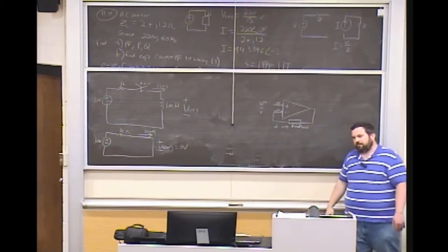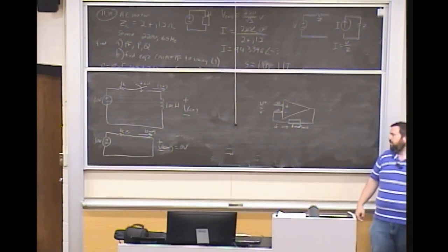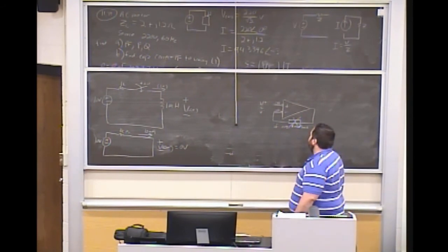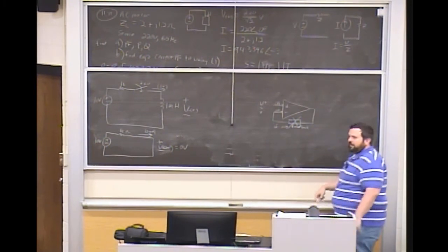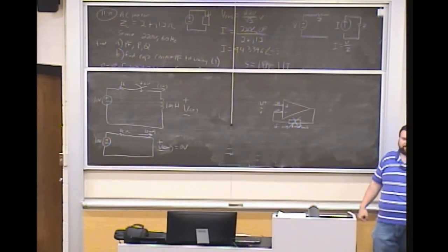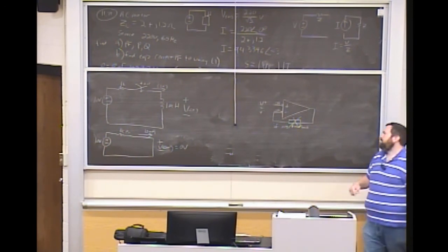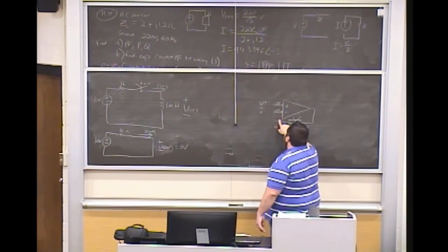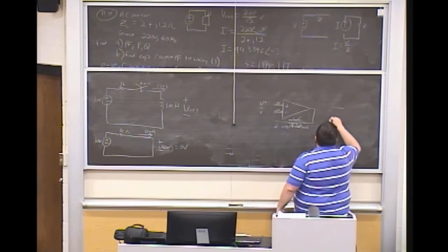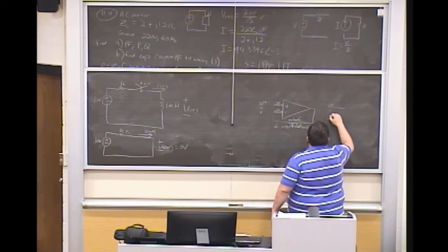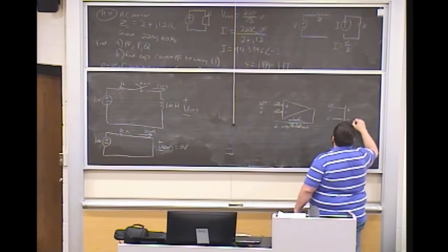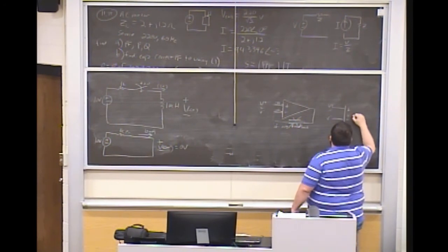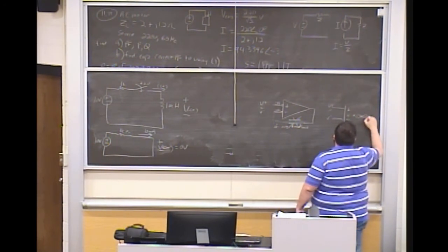What's the difference on a comparator circuit? You don't have this. There's no negative feedback. And the other characteristic for an ideal op amp is, what is the ideal gain? Infinite. So if you don't have negative feedback, you have a V plus and a V minus, and the difference between them is multiplied by a gain of infinity.